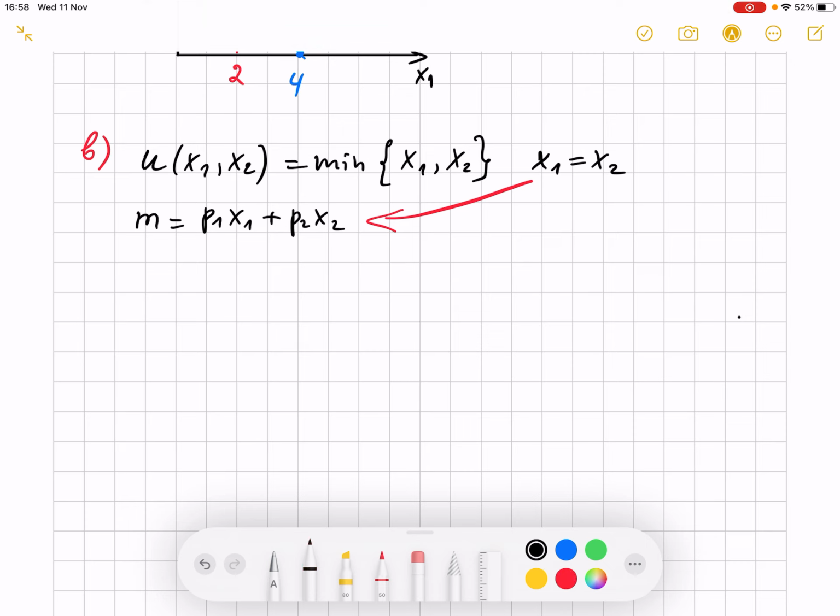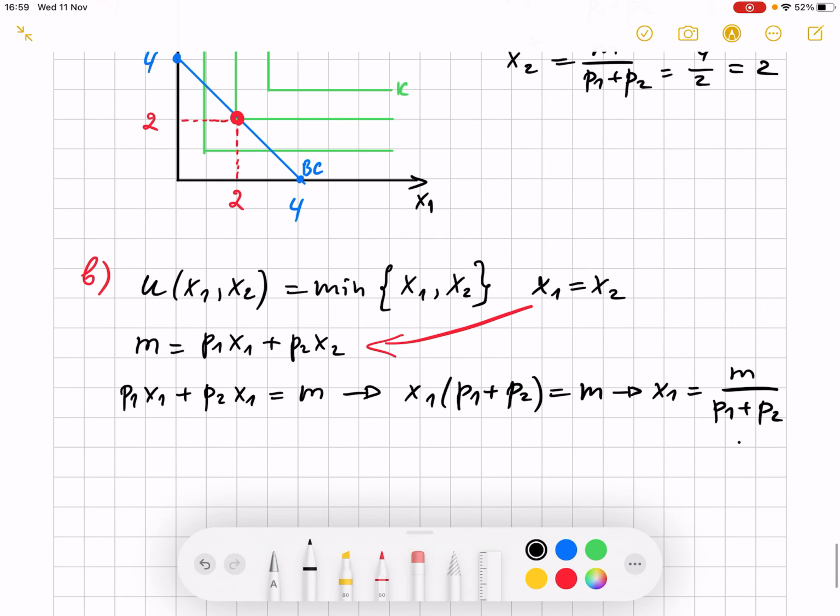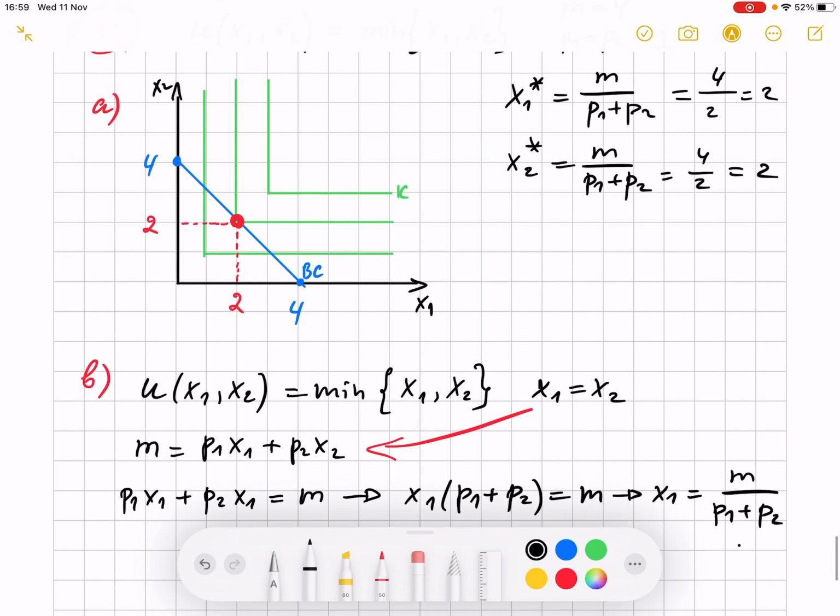So we just have that, let's say, p1 x1 plus p2 x1 equals m. And from this we can calculate. First we want to figure out what the demand function for good x1 is, and we solve some algebra and get exactly the same equation that we had above.